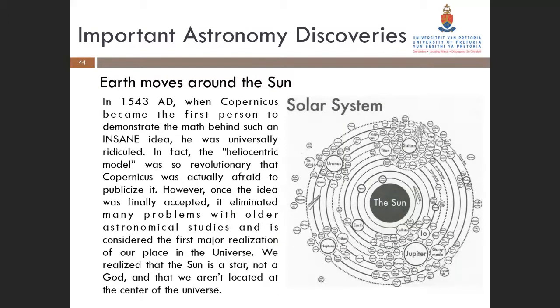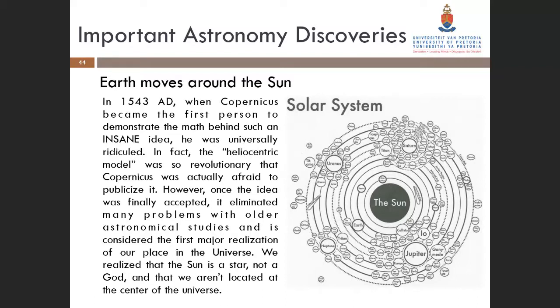So some of the patterns that started in astronomy is our solar system, Copernicus. In 1543 AD, when Copernicus became the first person to demonstrate the math behind such an insane idea, he was universally ridiculed.